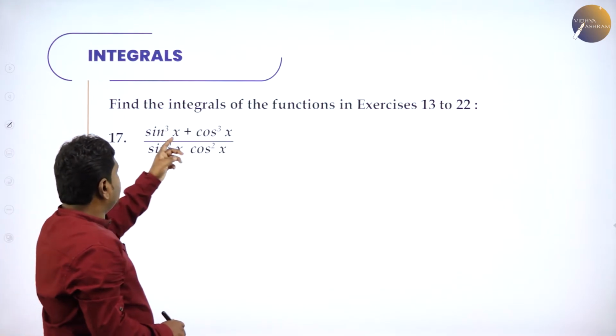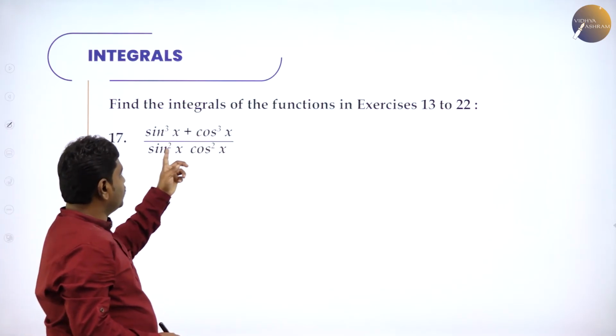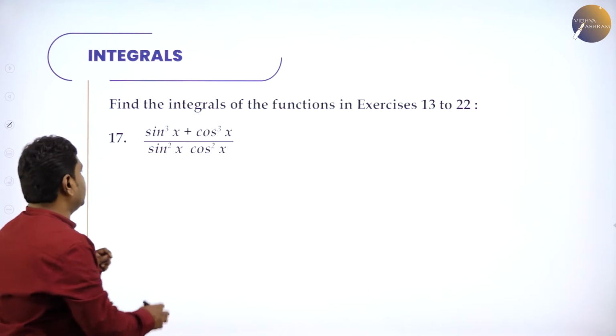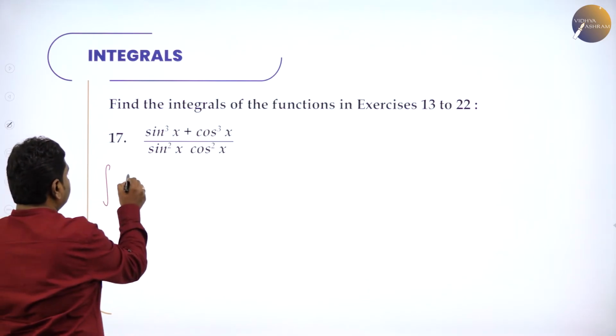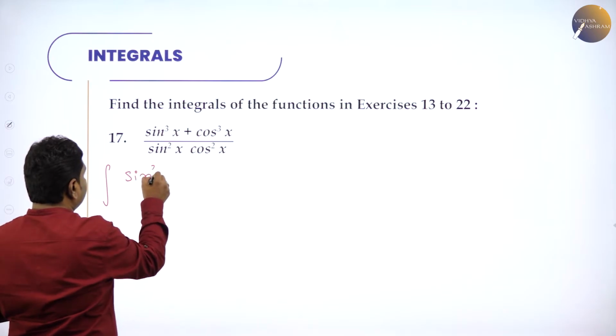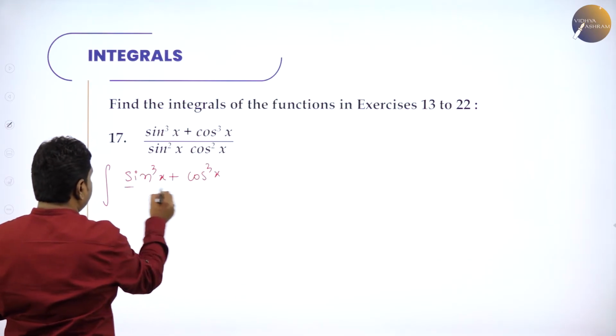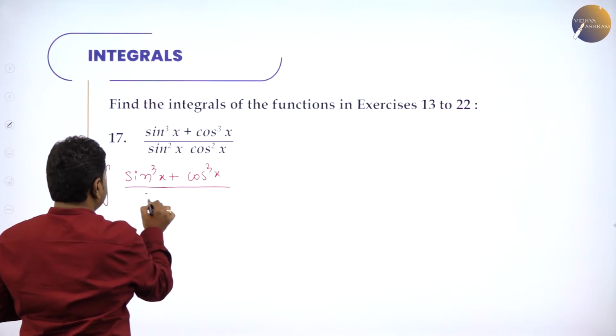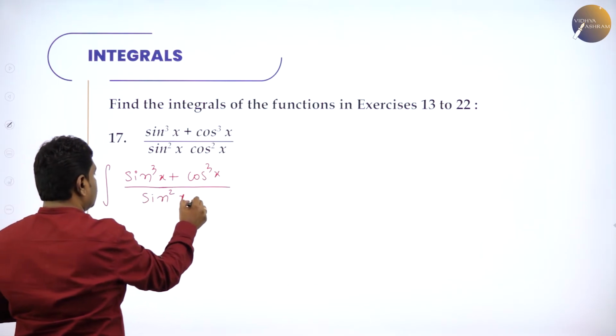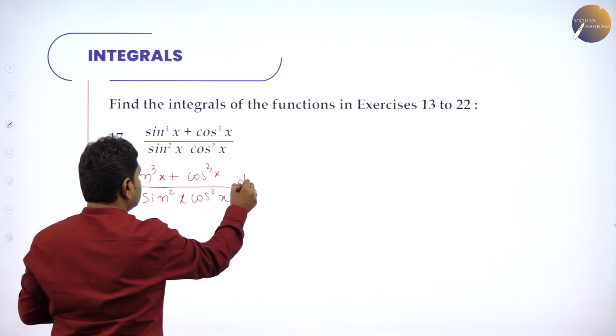Now, sin cube x plus cos cube x divided by sin square x into cos square x. Split this and integrate. Integration of sin cube x plus cos cube x divided by sin square x cos square x dx is the question. Can we split this?